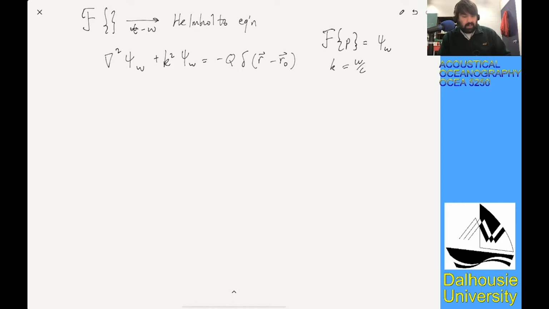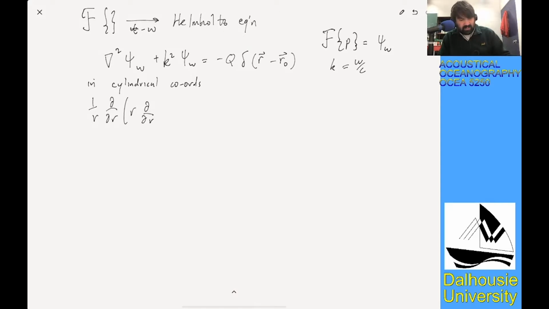Okay, and now we're in cylindrical coordinates, right? Because of our axially symmetric ocean. In cylindrical coordinates, that spatial derivative has an r part, which we know looks like 1 over r d by dr, r d by dr, right?